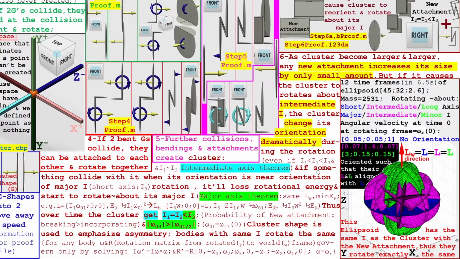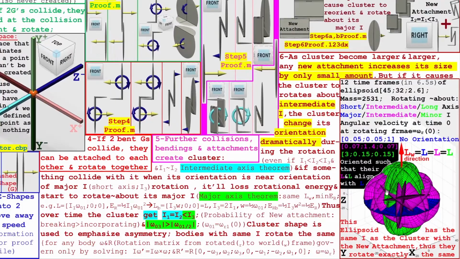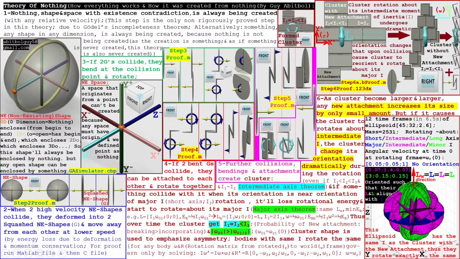Now, because of the dramatic changes in orientation, further collisions can cause the cluster to reorient and to rotate about its largest moment of inertia, while preserving its angular momentum and losing rotational energy, by the major axis theorem. Thus, over time, any cluster acquires 2 equal moments of inertia, while rotating about its third, larger moment of inertia.